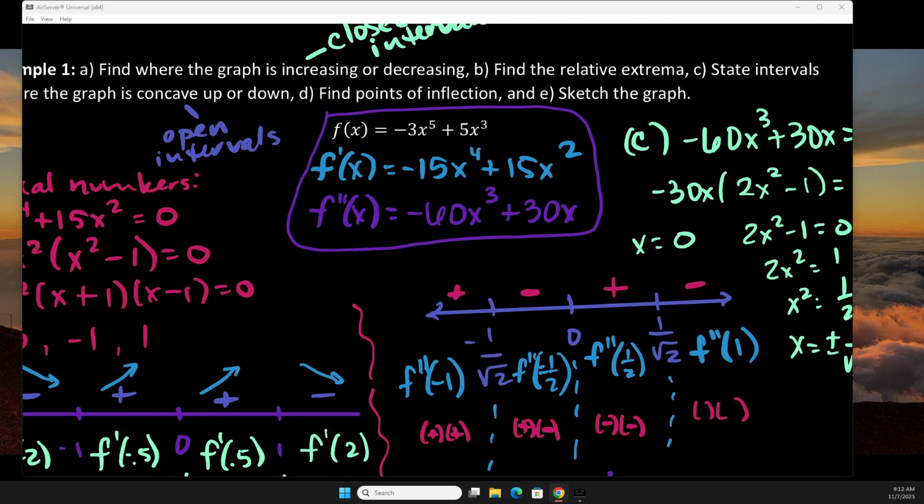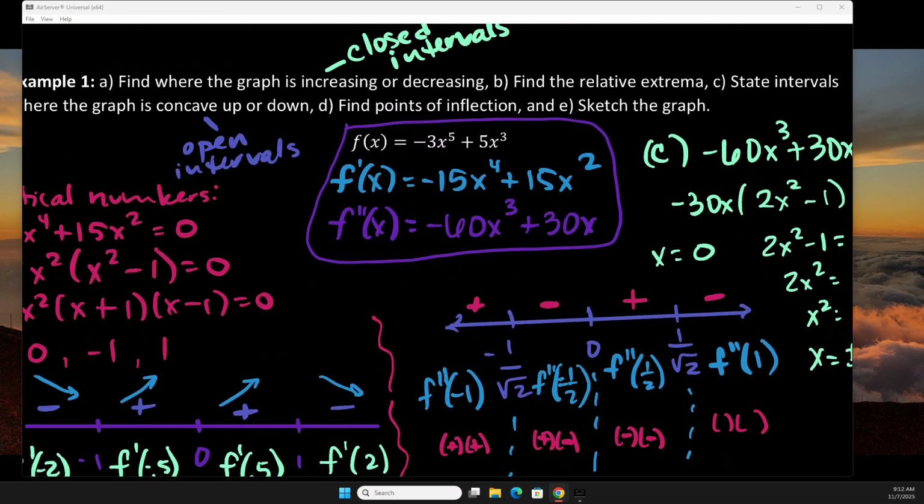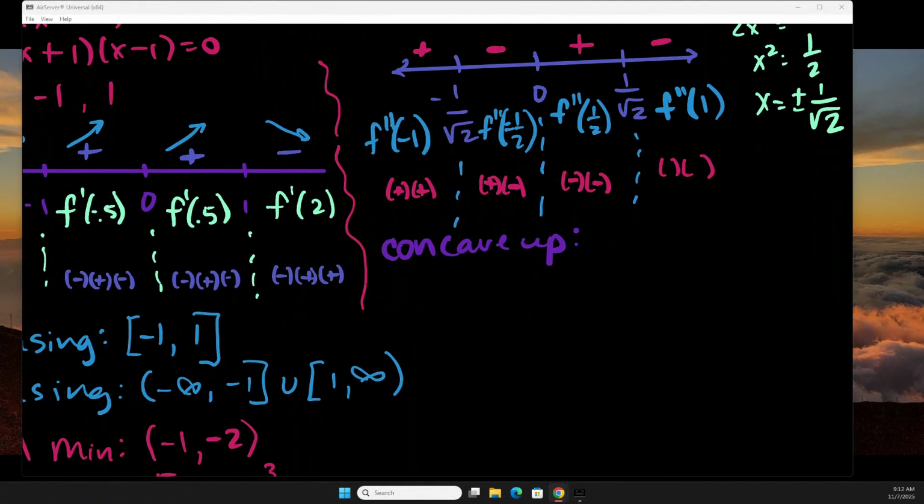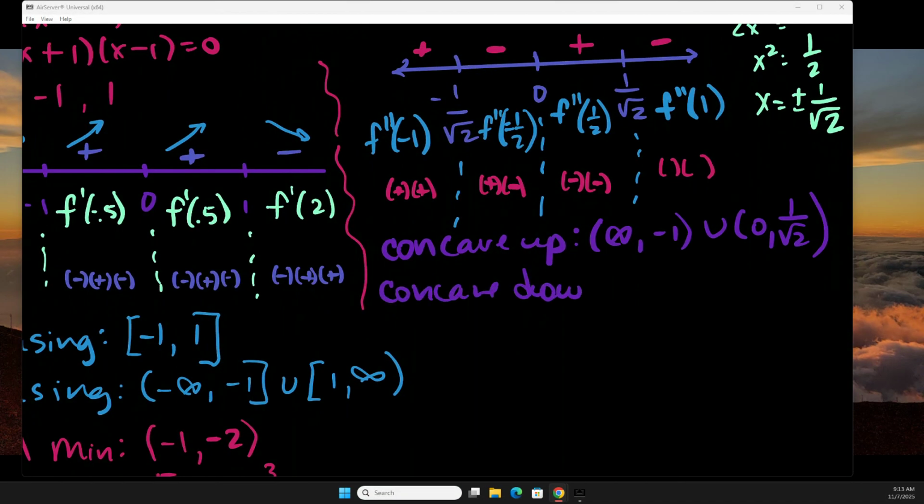So try to remember, and I know it's a lot, you have so much to remember, but concavity intervals are open intervals. And so we are concave up from infinity to negative 1, and then from 0 to 1 over the square root of 2. So anytime the second derivative is negative, we're concave down.